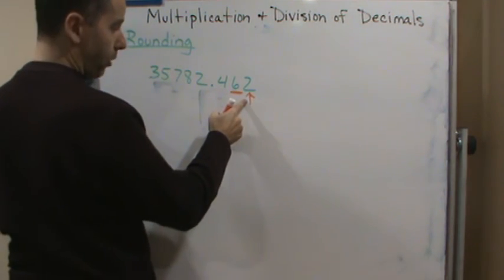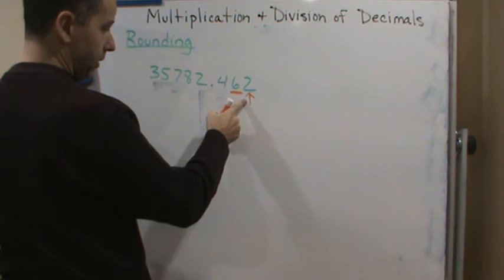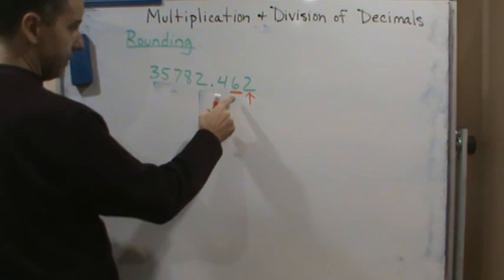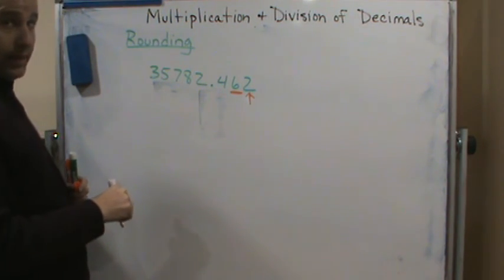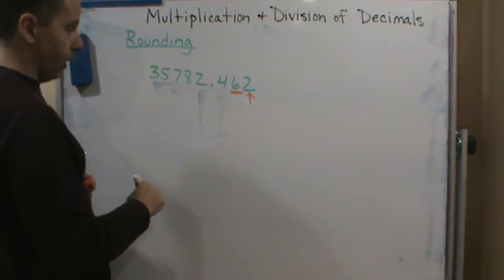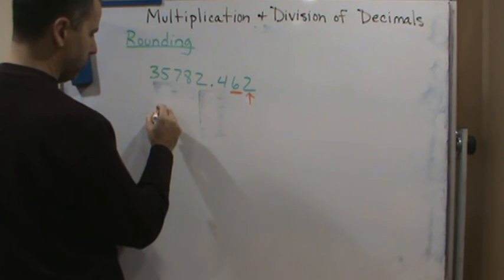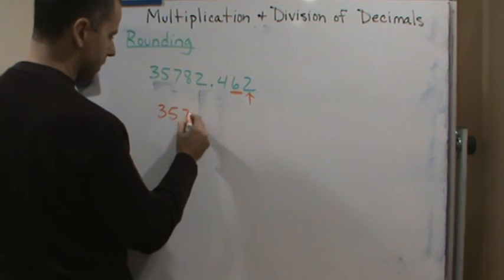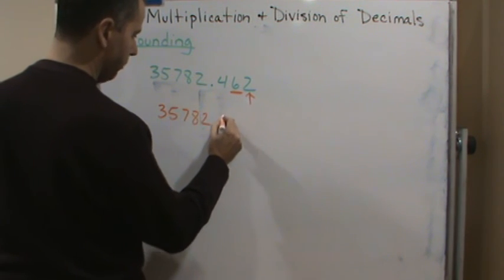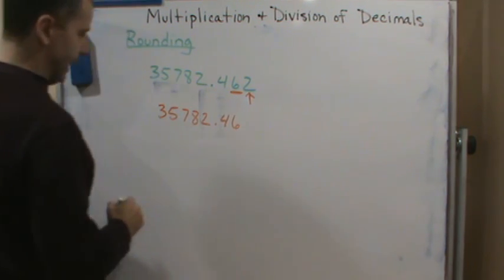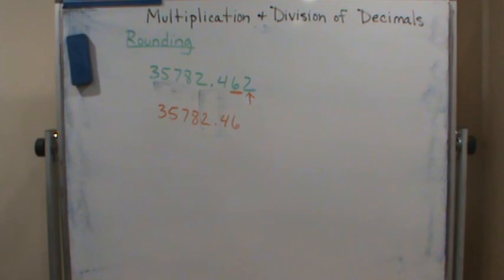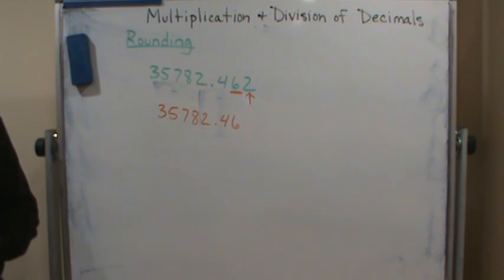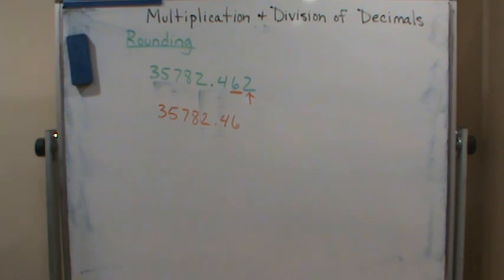This is 4 or less, so that means the 6 is going to stay the same, and the digits to the right are going to get truncated. So the answer would be 35782.46, and that would be rounded to the nearest hundredth. Okay, let's do some examples.